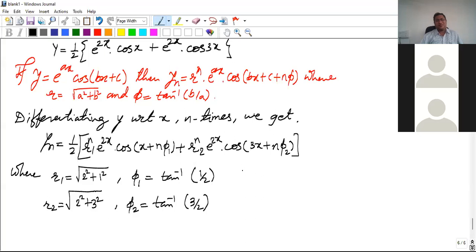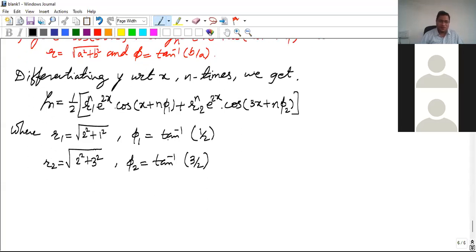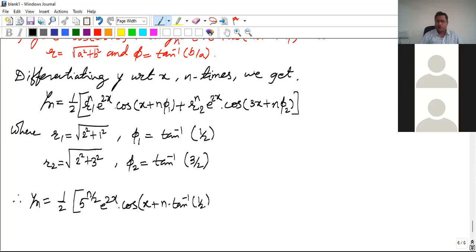Are you able to calculate the value of tan inverse of half? If you don't get the perfect value, then let it be. Now we have to simplify this expression for yn. Root of 5 means 5 raised to half, so you will have 5 raised to n by 2 e raised to 2x cos of x plus n times tan inverse of 1 by 2.